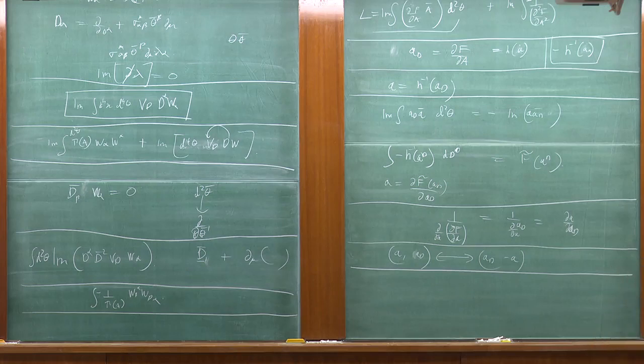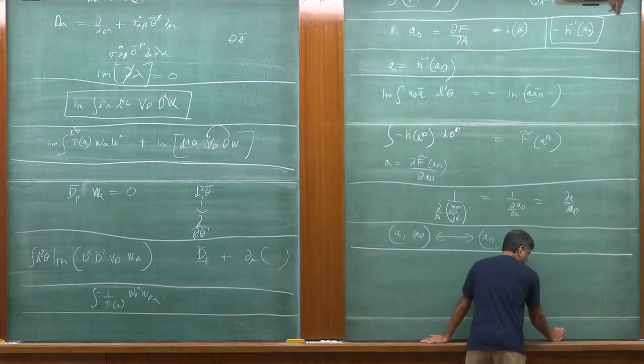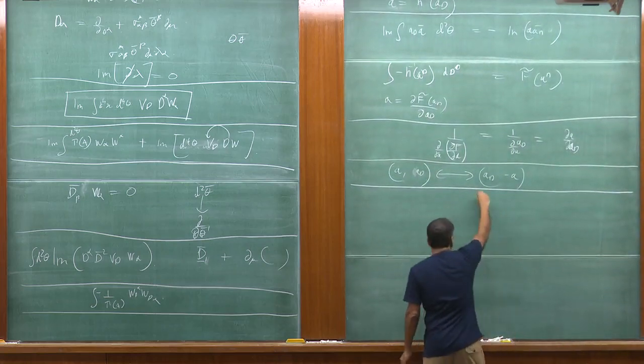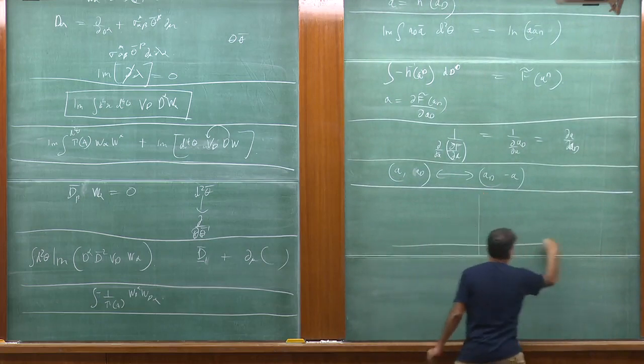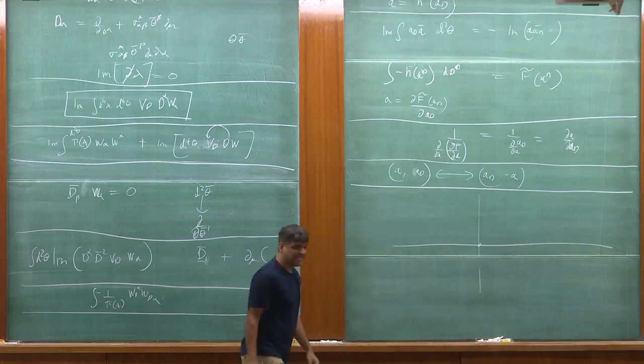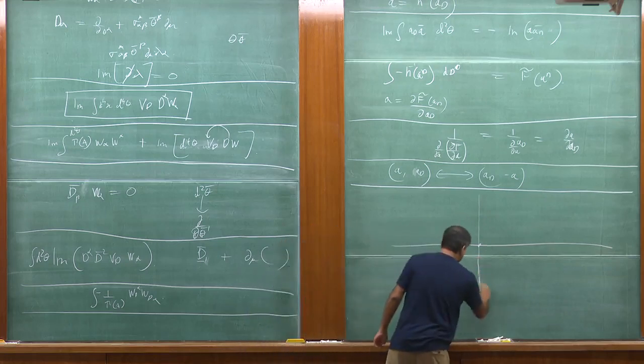Okay, now let's go back and look at what we already know. We've got this U plane, with, classically speaking, this singularity where the gauge boson kinetic term goes negative.